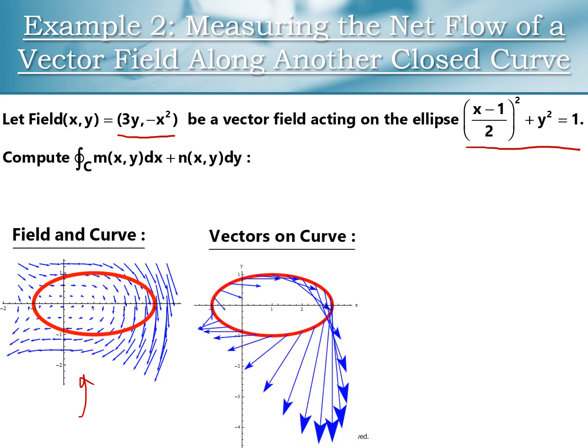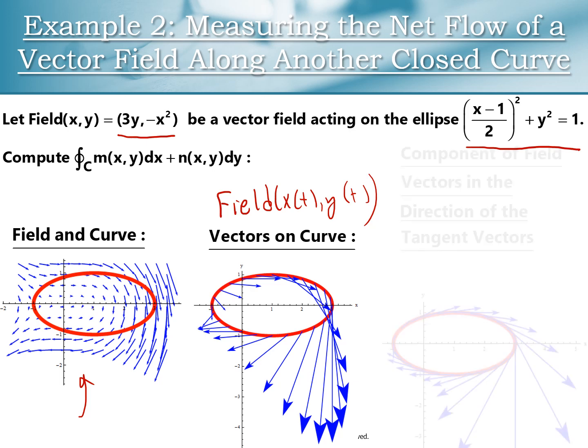I can improve my plot by plotting field of x of t, y of t. That's better. And I could start to get an idea that I think the net flow of the vector field along this closed curve is probably going to be in the clockwise direction, but I'm not going to make any guarantees till I actually crunch the numbers.